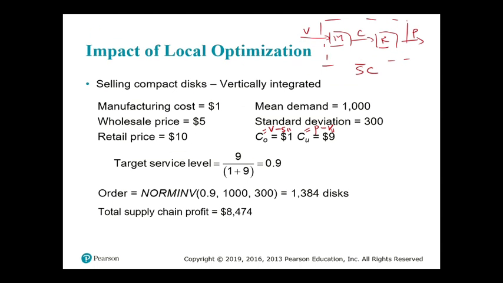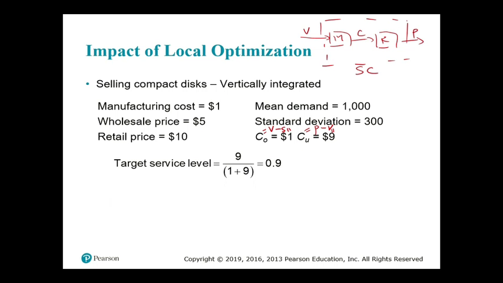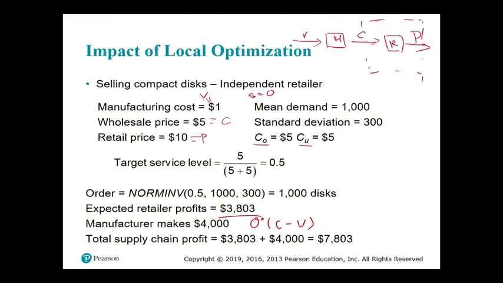So then the question is, when the retailer makes its own decision, one observation is we can see it orders significantly less than the supply chain optimal decision, right? So then the question is, why does it order so much less?